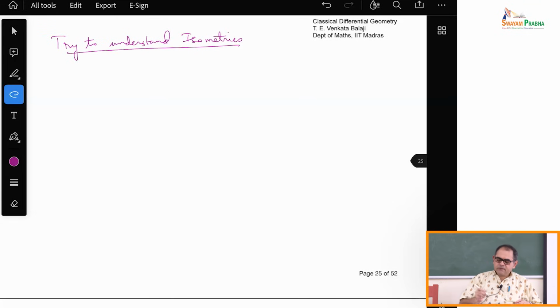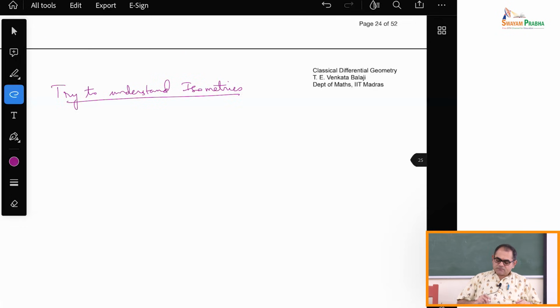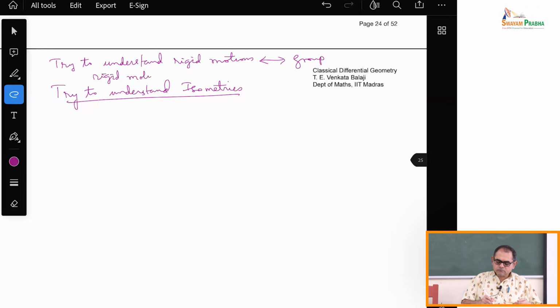The motivation is that you wanted to try to understand rigid motions, which form a group, and a rigid motion is an isometry.